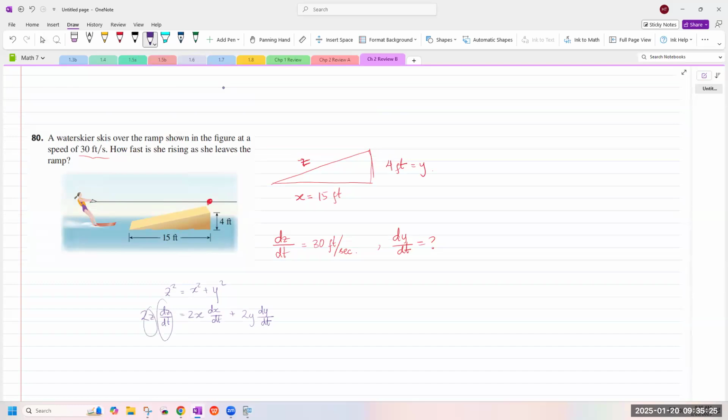I can compute the z, I can compute the x, I can compute the y. I know the x, I know the y, but I don't know the dx/dt. So I cannot find the dy/dt then.